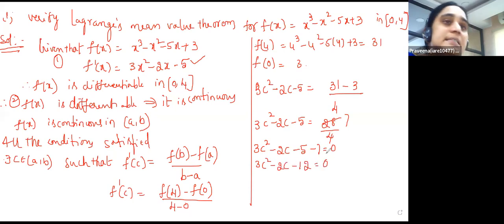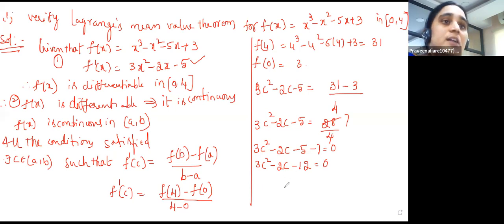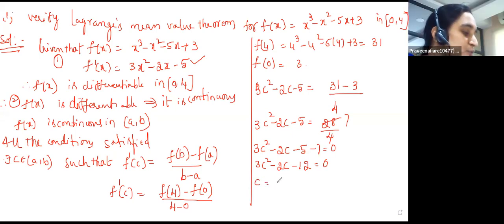For that, find the c value. Here we don't directly know the c values, so we find the roots of this equation. I am using the formula minus b plus or minus under root b square minus 4ac by 2a.